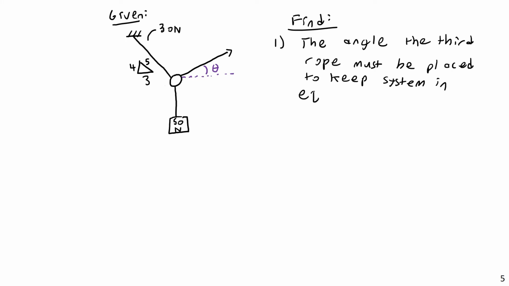And two, the force that would be present in that rope. Maybe I can go ahead and draw it as a proper rope going to the ceiling. Two, the magnitude of force in the third rope.